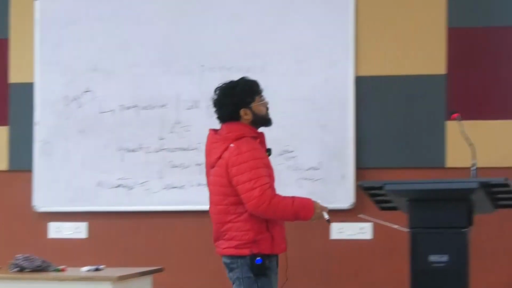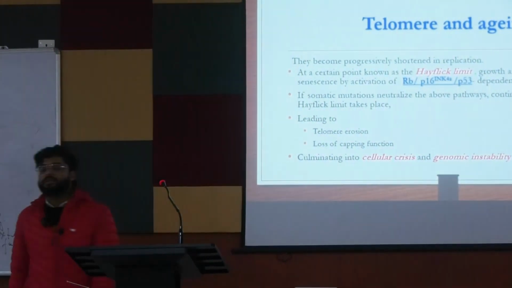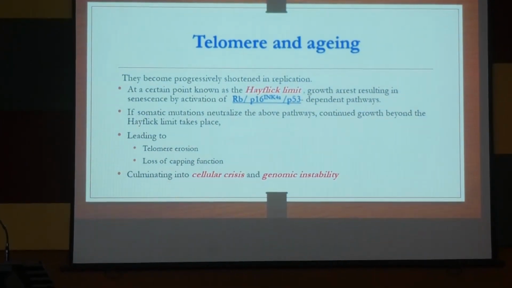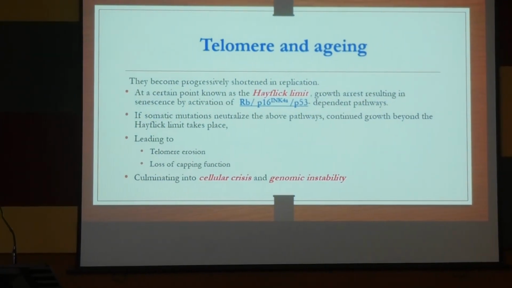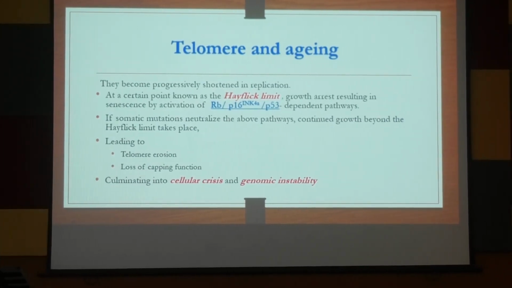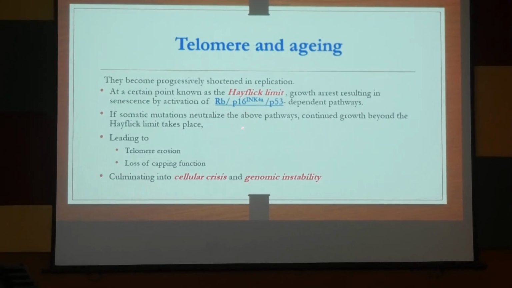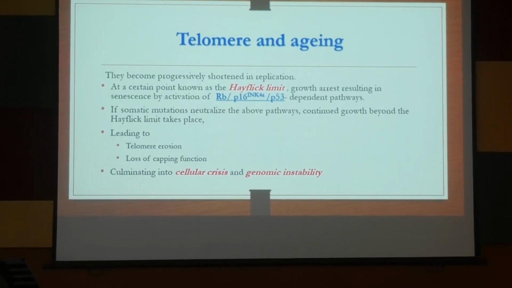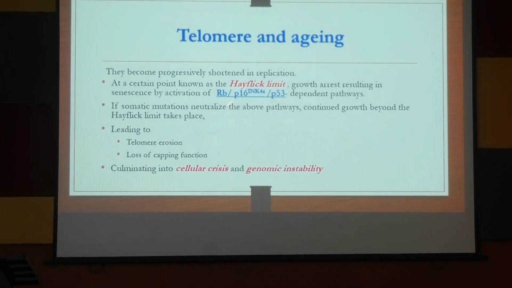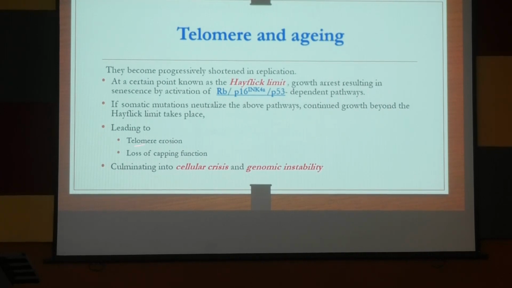Now suppose this mechanism becomes inactive. The growth arrest that happens at the Hayflick limit, the cell undergoes growth arrest there, but if that growth arrest does not happen, meaning this tumor suppressor gene is inactive, the inactivation of this mechanism means the cell is going to replicate beyond that Hayflick limit.